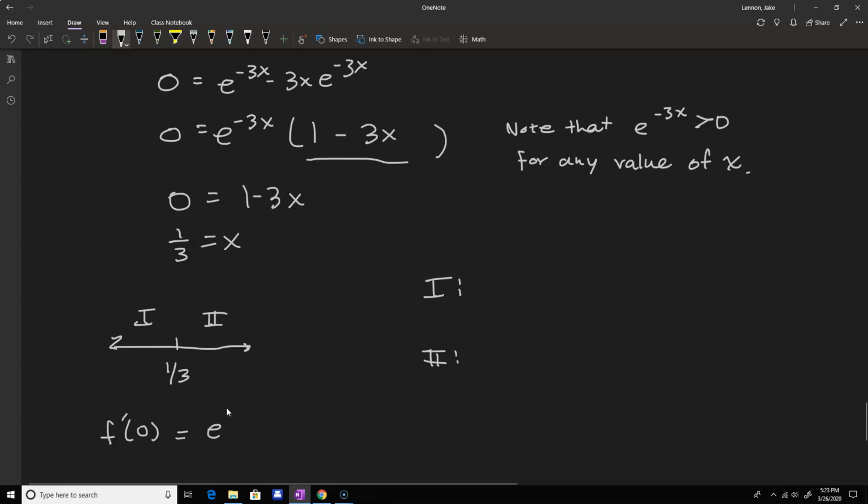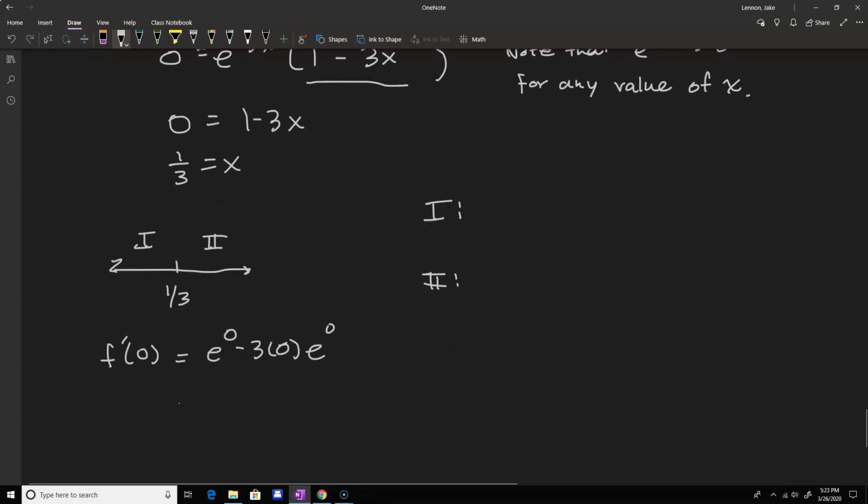We're going to end up with e to the 0 minus 3 times 0, e to the 0. Well, the second term goes away, but the first, e to the 0, so this is just 1 minus 0, which equals 1. So in region 1, f prime is greater than 0, so that tells us f is increasing.